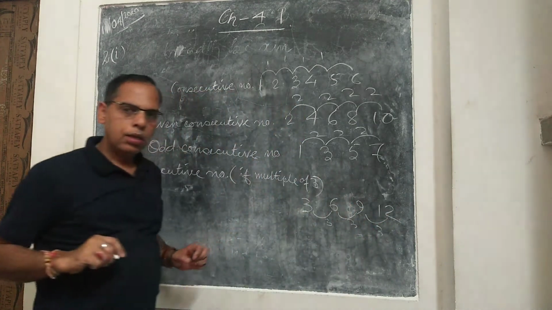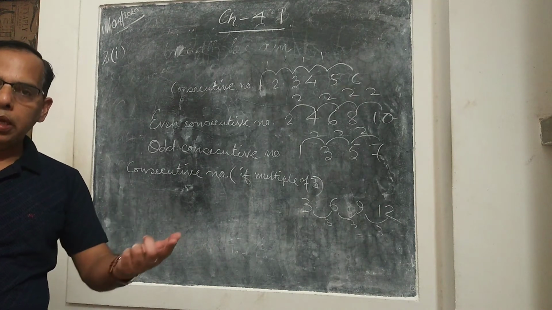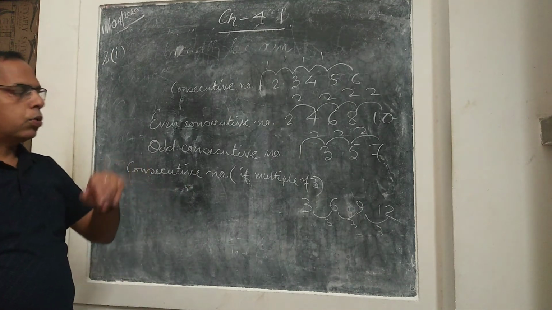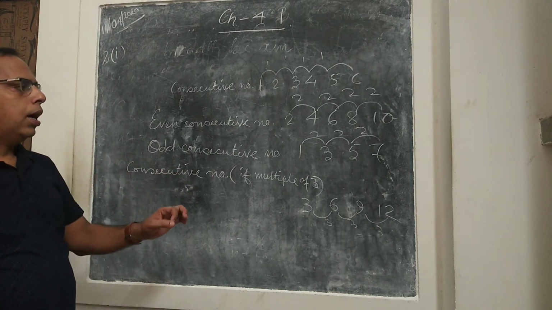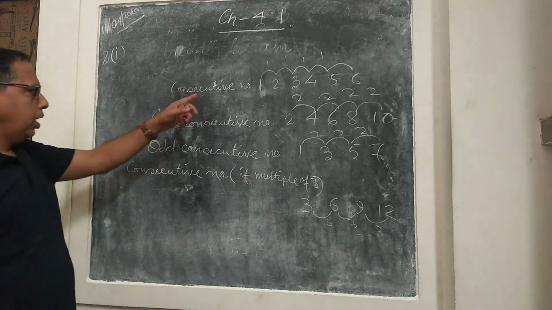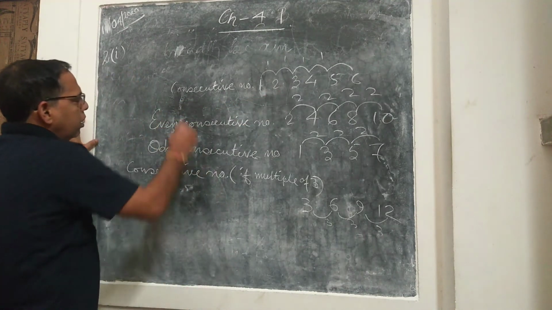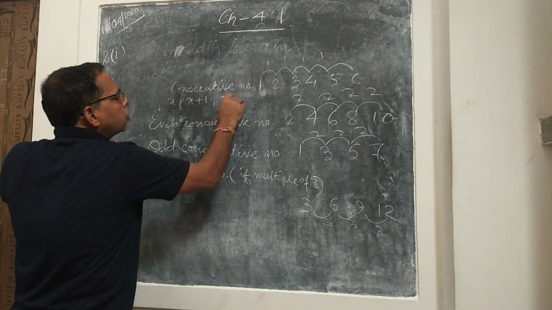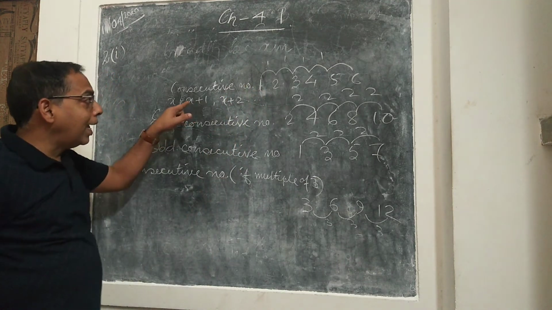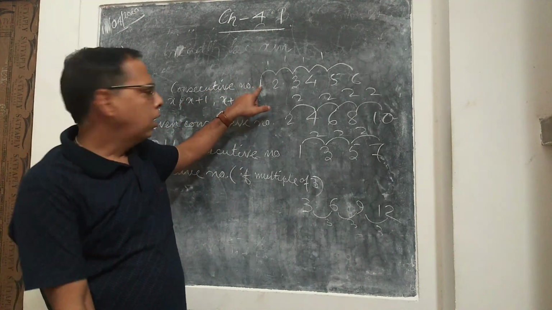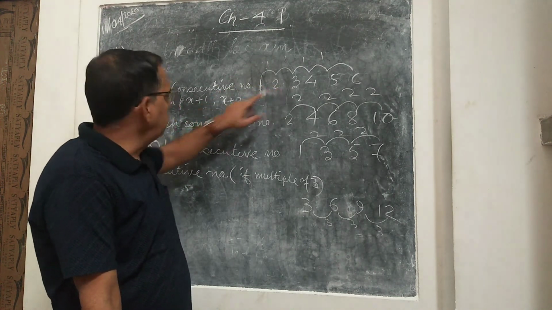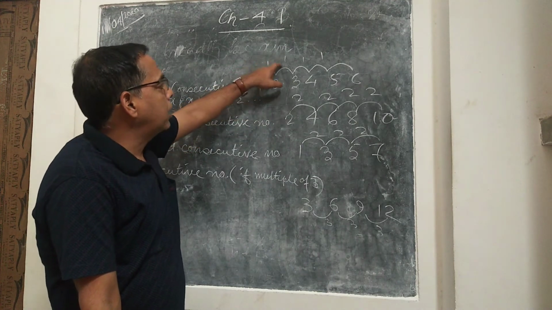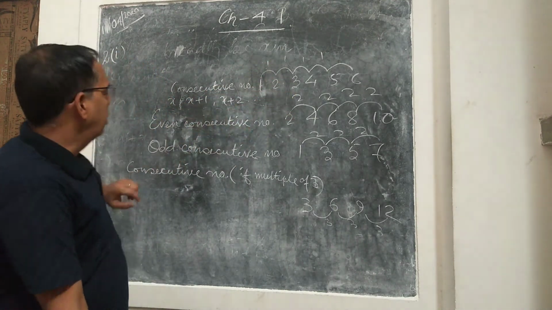So what did I say? Serial, one after the other, but at the same time the difference should be the same. Now let's see the next one: how to consider these consecutive numbers. See, if it is only consecutive numbers, then x, x + 1, x + 2, and so on. Why x? If I consider the first one as x, then the second one is x + 1, and the third is x + 2. Then let's see.